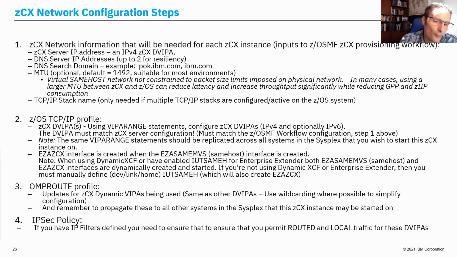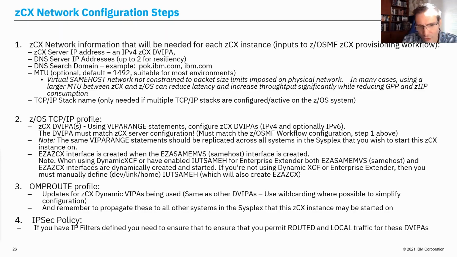And likewise here, all we're talking about with the same host technology, if you don't have it enabled already, and you might have it already if you already have dynamic XCF enabled, you must manually define IUT same H, which will create the necessary interface that zCX uses when communicating over the same host link.